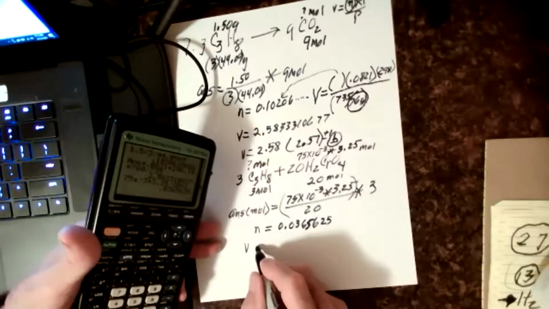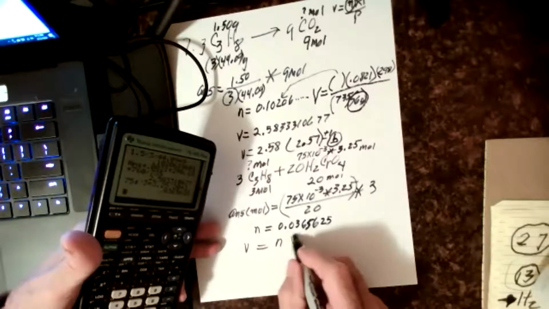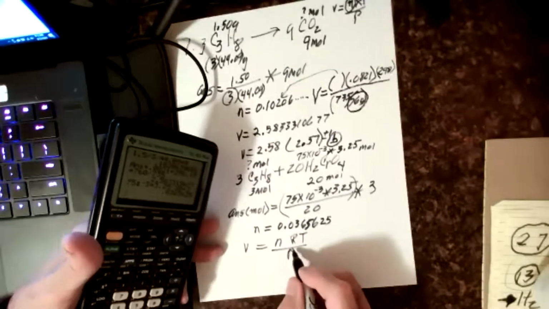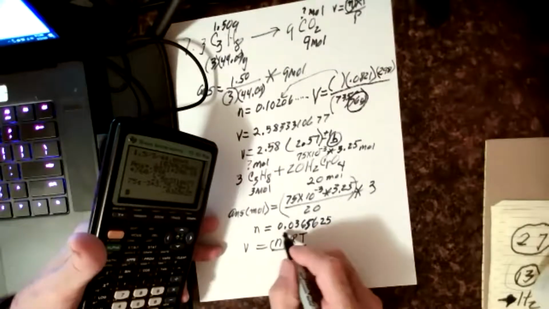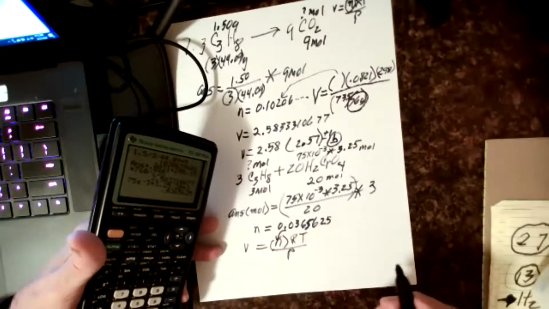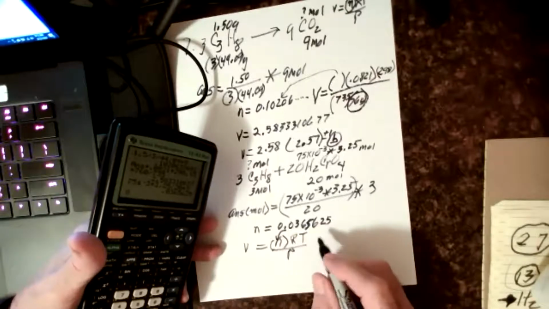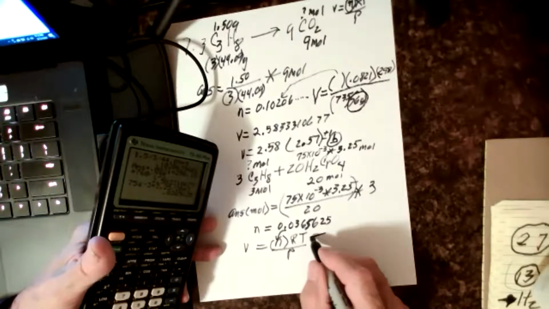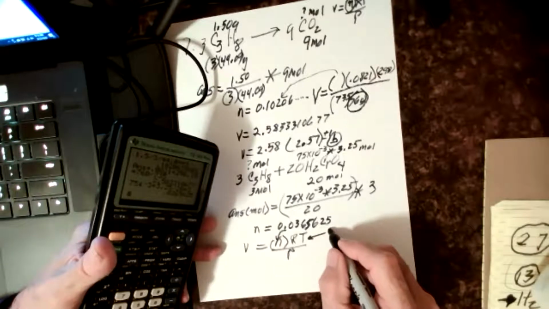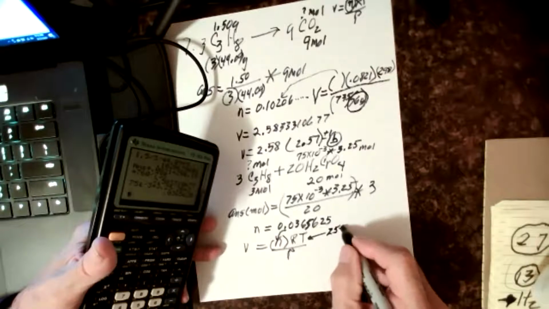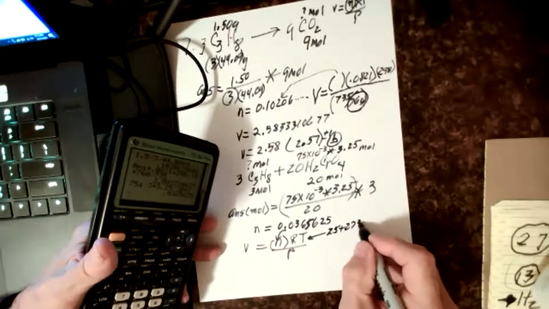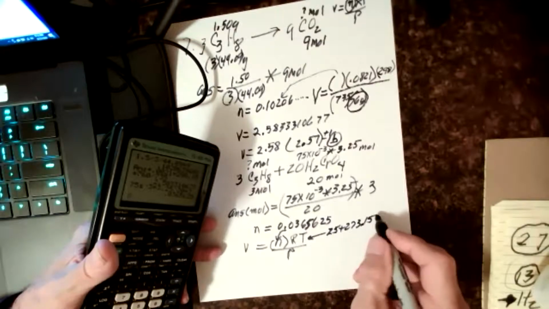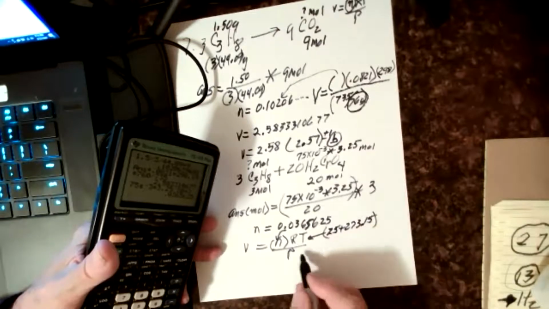And V is equal to nRT divided by P for a gas. And there is my value to go in for n. And pressure and temperature. The temperature that I'm putting in here is 25 plus 273. I'll put the other 0.15 on, but I don't know whether it matters.